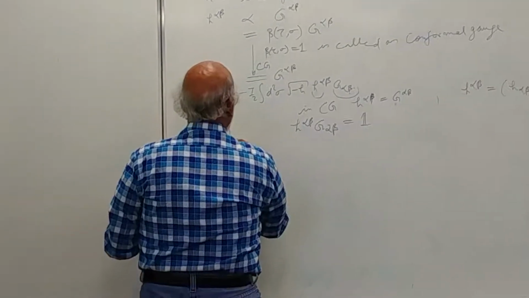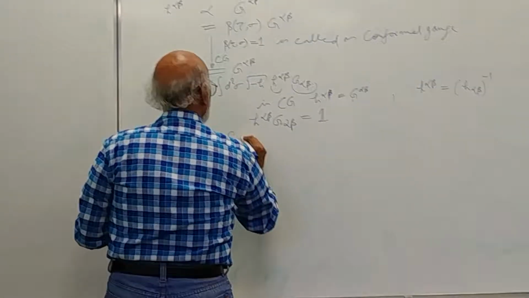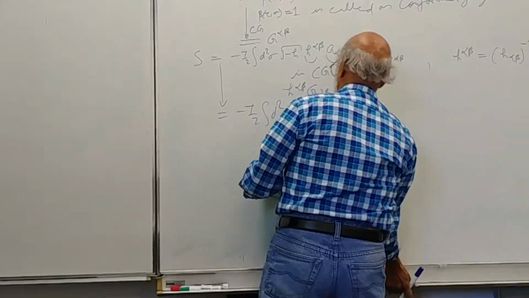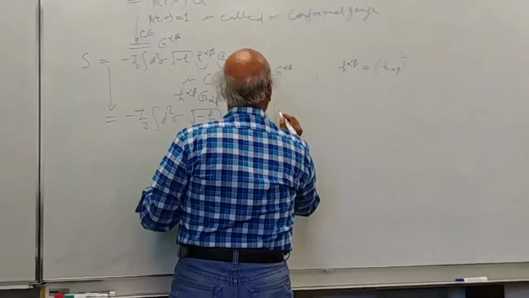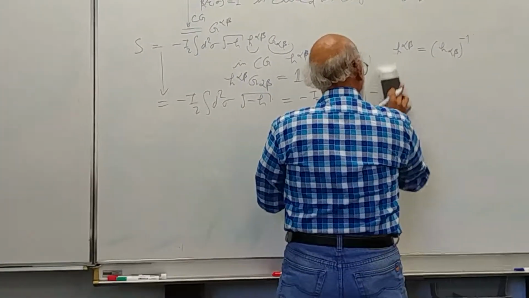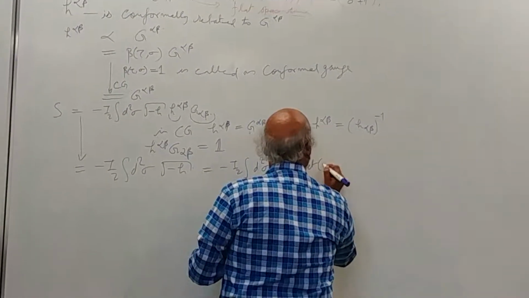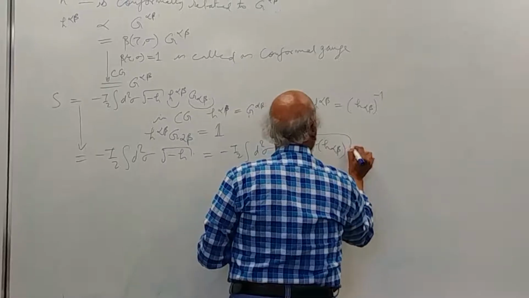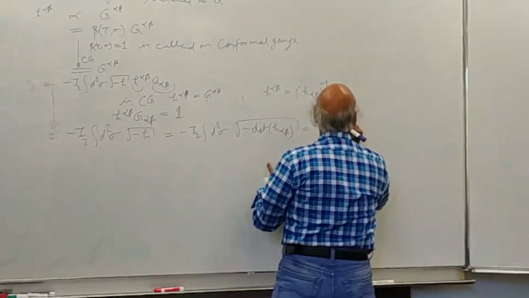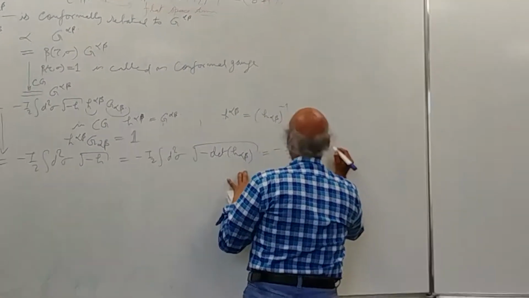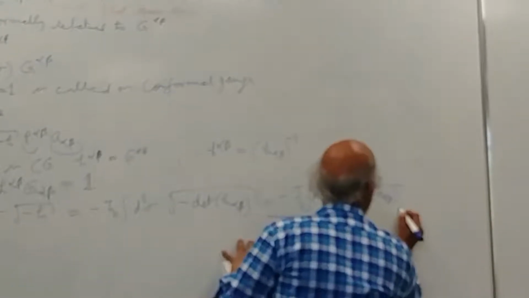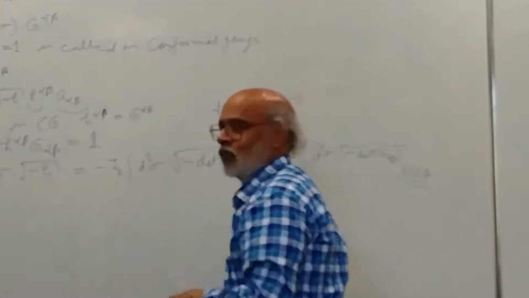Okay, and what you have here is minus T by 2 d2 sigma square root of minus H, and this is minus T by 2 d2 sigma square root of minus H, or this is equal to minus T by 2 d2 sigma square root of minus G, and this is nothing but your Nambu-Goto action.